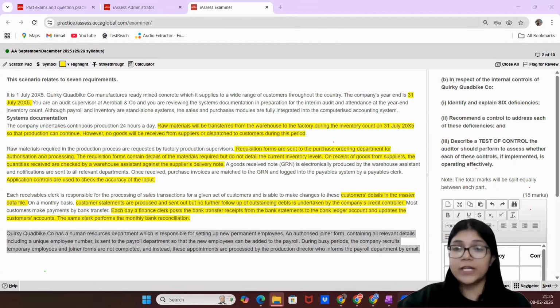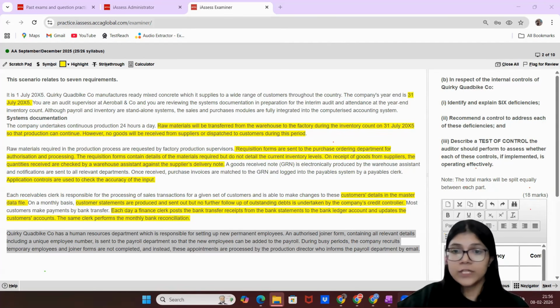It can lead to fictitious employees, which can lead to an increase in payroll expenses for the company, or it can also lead to employee goodwill issues if that person is not paid on a timely basis by the payroll department. So even if they are doing this process via email, it's not sufficient, it's not professional at all. It should be done by the HR department, and it should be done by joiner forms only, official joiner forms only, even if it is a temporary employee for the company.